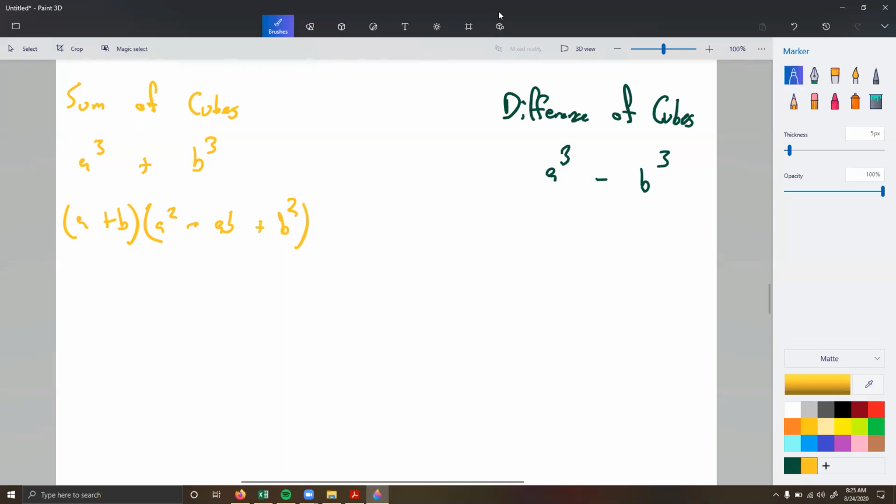Okay, just to show that it works really quickly, if we were to FOIL this, I'm not going to do a true FOIL because it's a binomial times a trinomial.